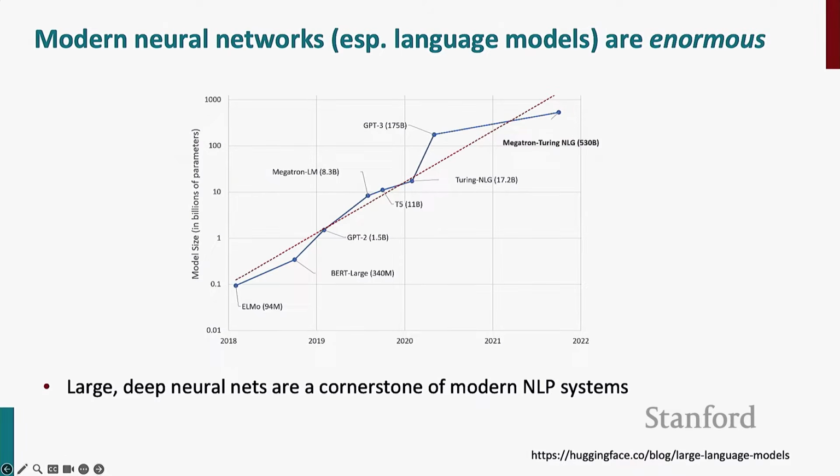But at any rate, they're clearly huge models which have over 100 billion parameters. And so large and then deep in terms of very many layers, neural nets are a cornerstone of modern NLP systems. We're going to be pretty quickly working our way up to look at those kind of deep models.